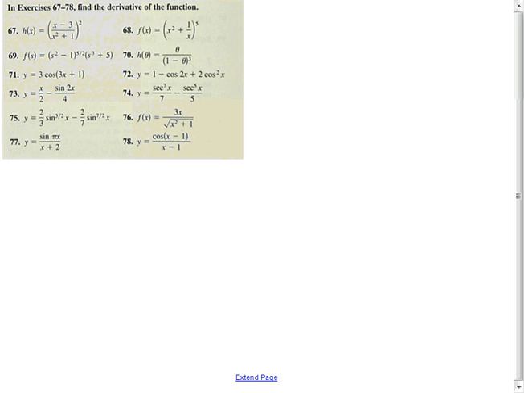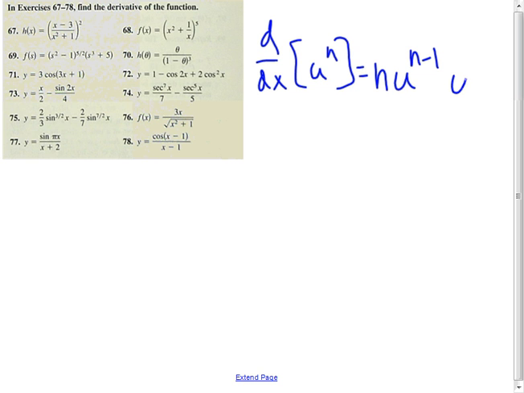So I'm going to be applying the power rule, which of course tells me that the derivative of u to the n is equal to n times u to the n minus 1 times the derivative of u. So in this case, the u is the quotient x minus 3 over x squared plus 1, and it's being raised to the power of 2, so my value for n is 2.